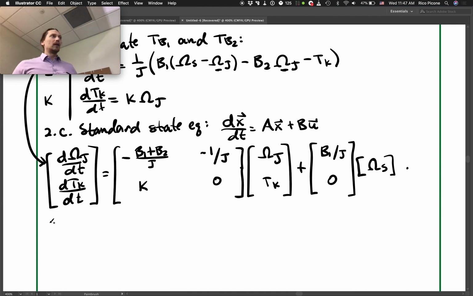Okay, so why is that 0? These are 0 because this equation that we're transcribing right here says dTk/dt equals K times omega J. So K times omega J, plus 0 Tk, plus 0 omega s.